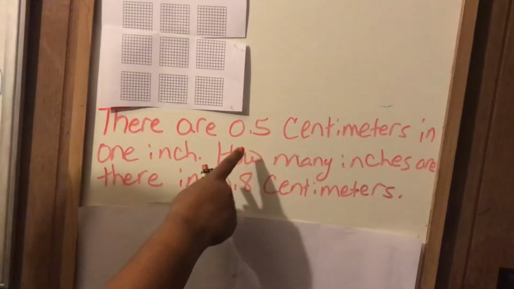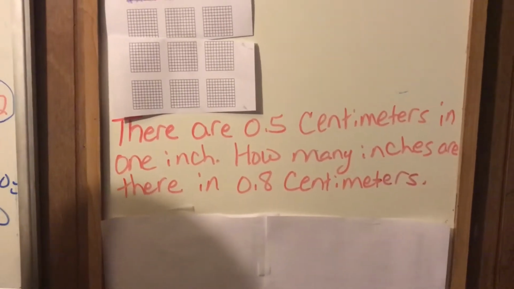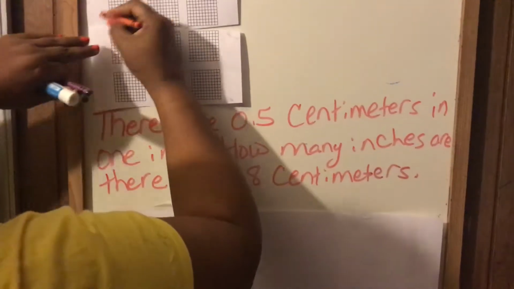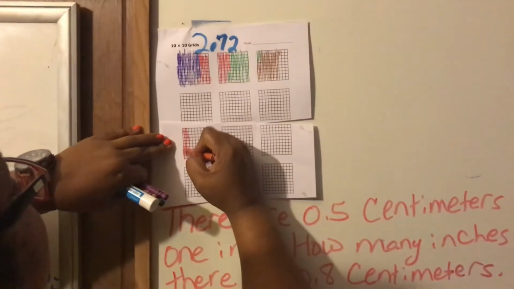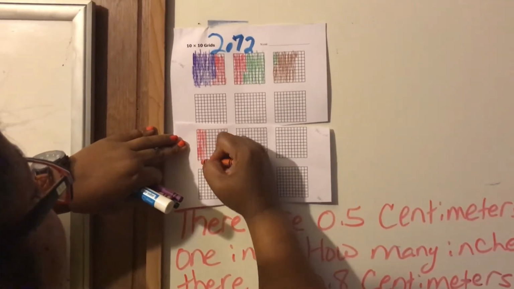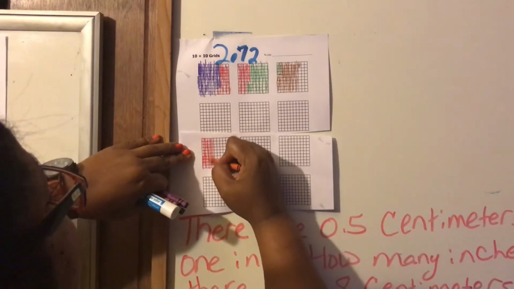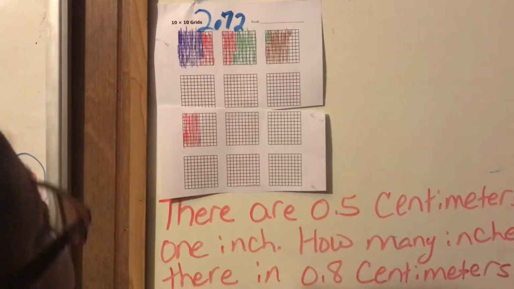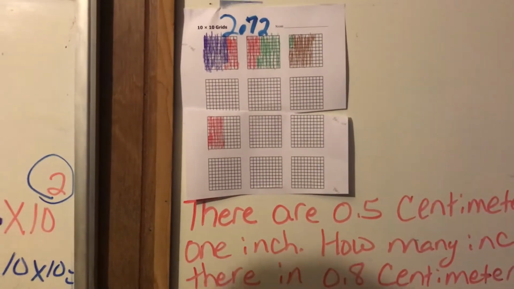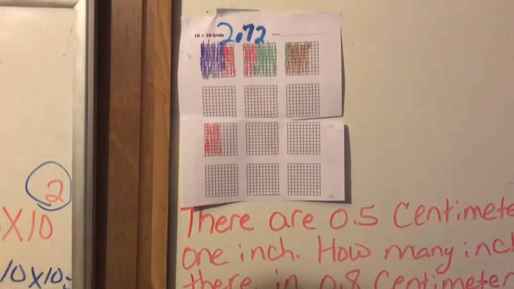All right, so this tells me I need 5/10. And again, you know that one strip is a tenth. So this is 1/10. 2, 3, 4, 5. All right. How many inches are there in 8 centimeters?